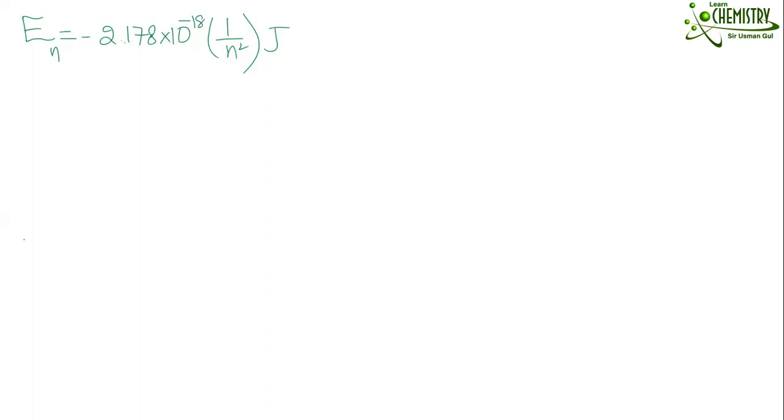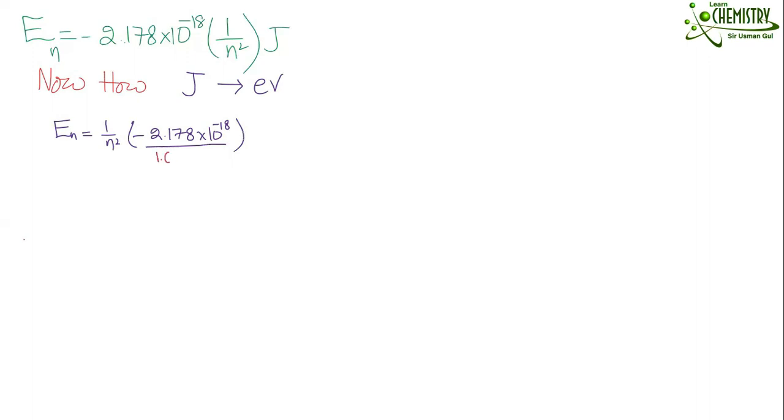Additionally, we can also convert this joule into electron volt. This is also very common. So how can we convert joule into electron volt? This also has a very simple method. The value of minus 2.178 exponent minus 18, we just divide this value by 1.6 exponent minus 19.